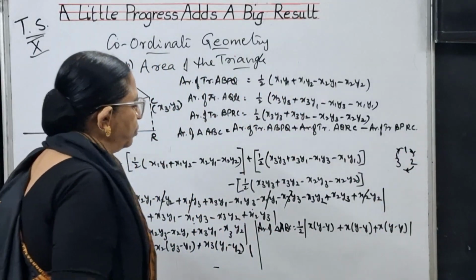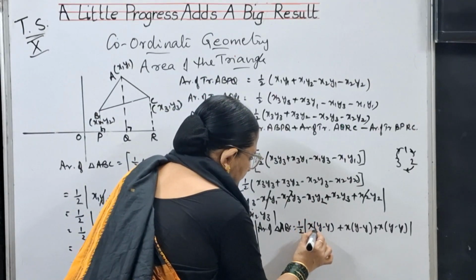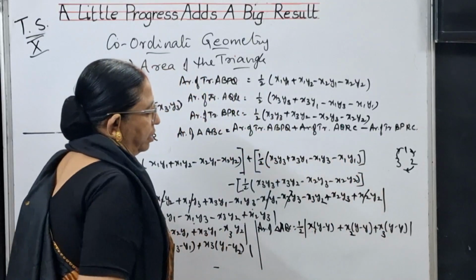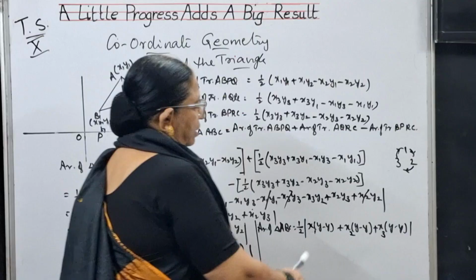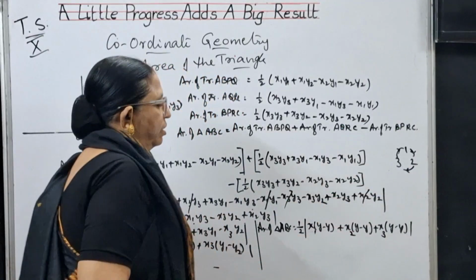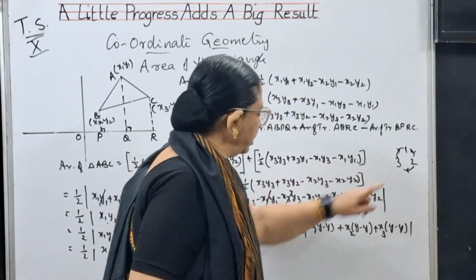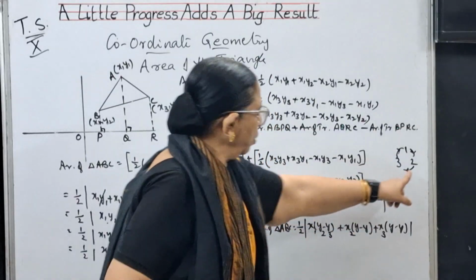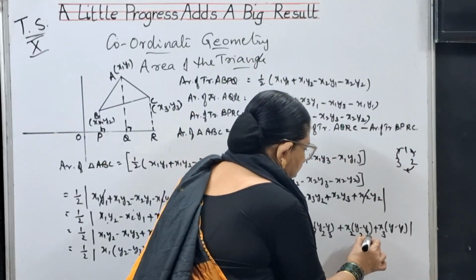First, write these values for x: x1, x2, x3. After writing it, go for this cyclic order. That means if you have 1, for y you write 2 and 3. Again, you have 2, so write 3 and 1.